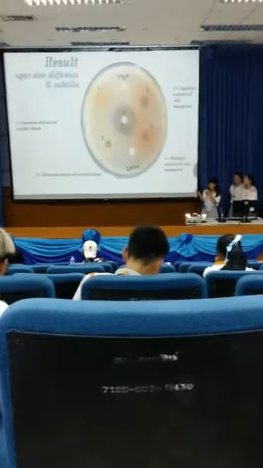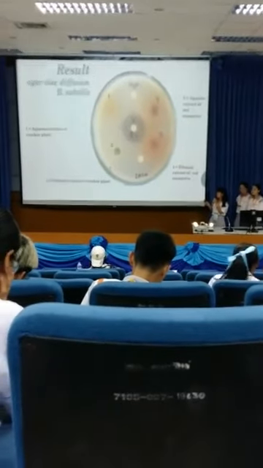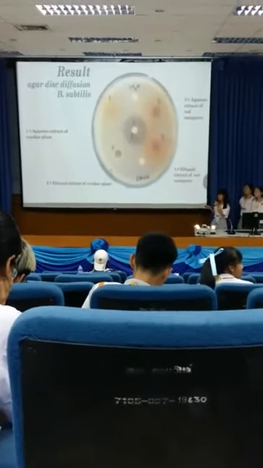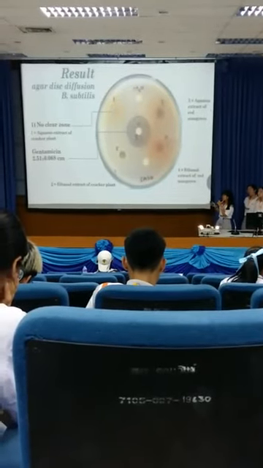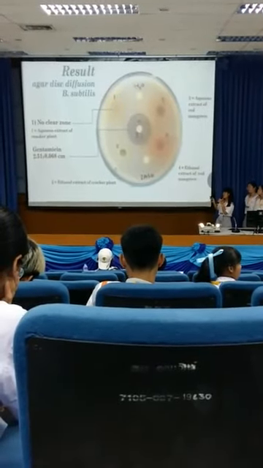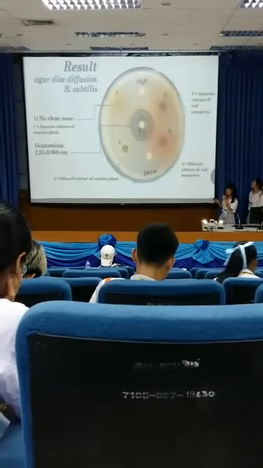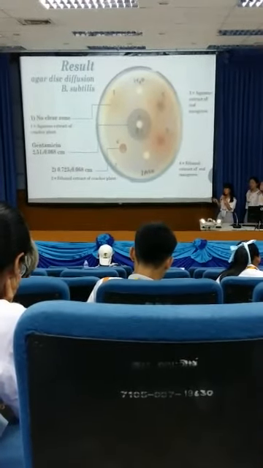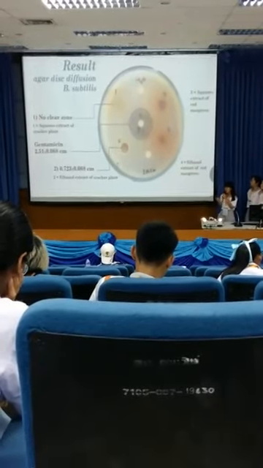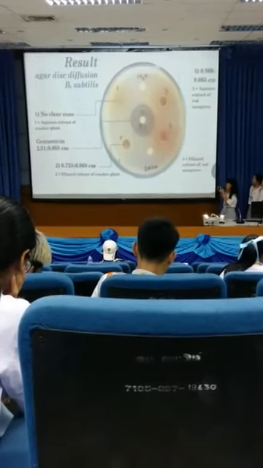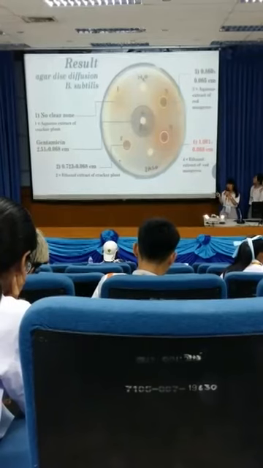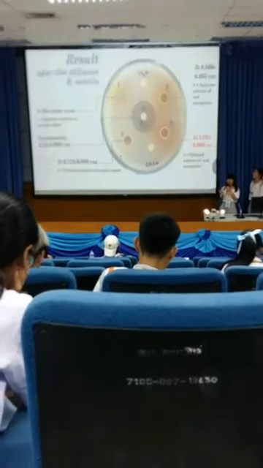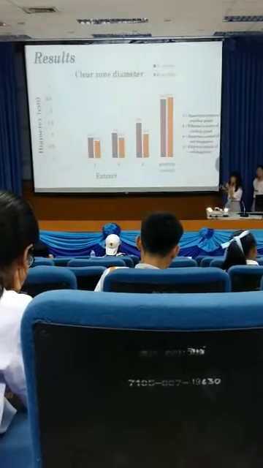This is the result of the agar diffusion method to inhibit Bacillus subtilis. It was shown that the aqueous extract of cracker plant has no clear zone, and the ethanol extract of cracker plant has the smallest clear zone, which is 0.7 cm, and the ethanol extract of red mangrove is the highest clear zone, which is 1 cm.